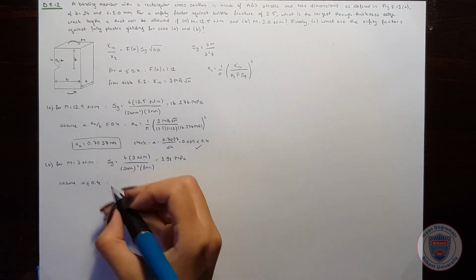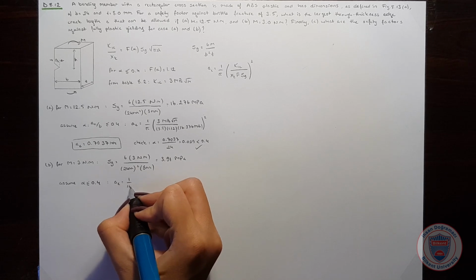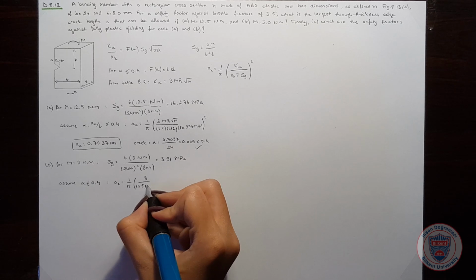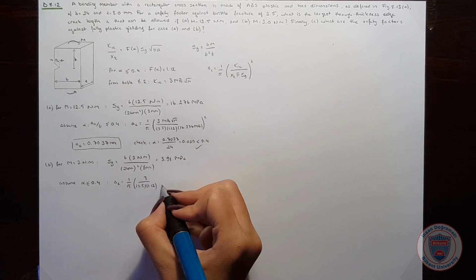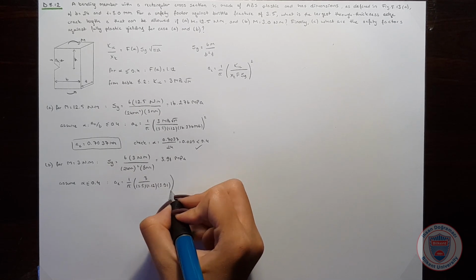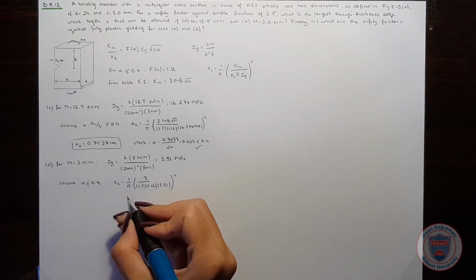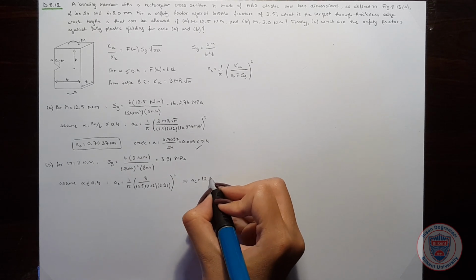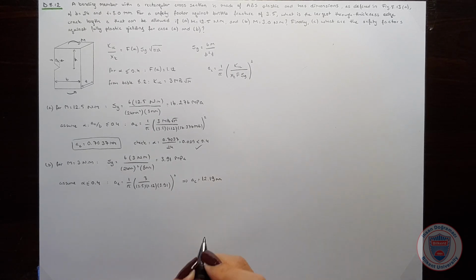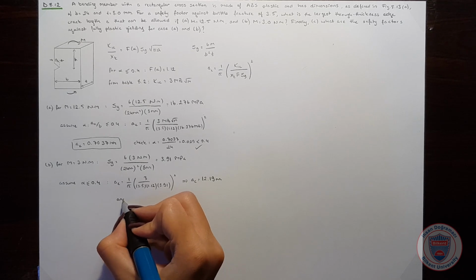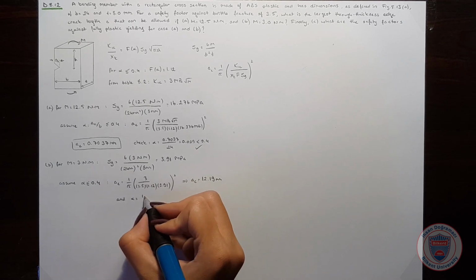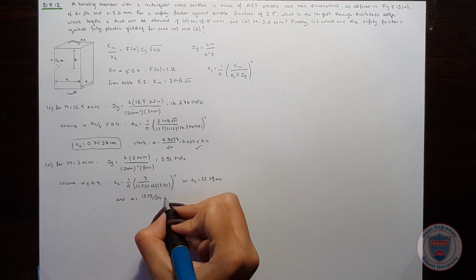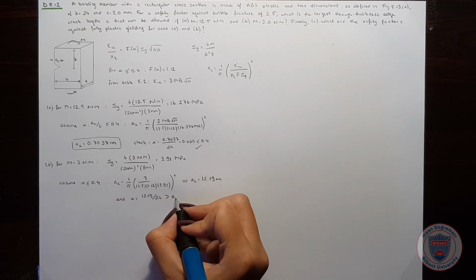But when we make the computation, we will see that a_c will be 12.19 millimeters. And alpha, which is equal to 12.19 over 24, will be bigger than 0.4.